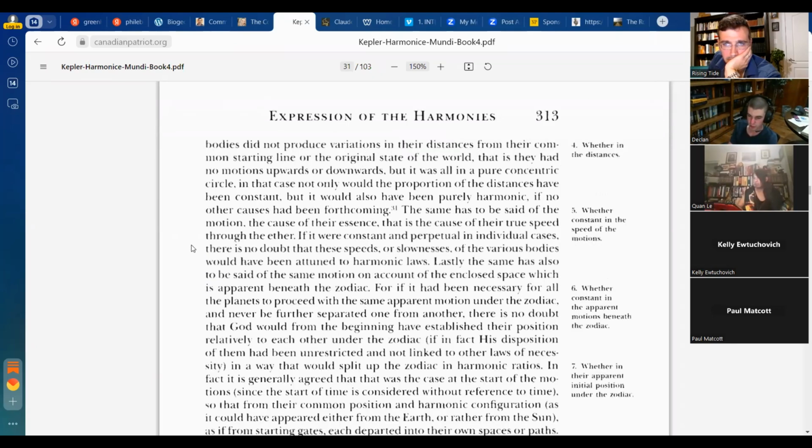Lastly, the same has also to be said of the same motion on account of the enclosed space which is apparent beneath the zodiac.